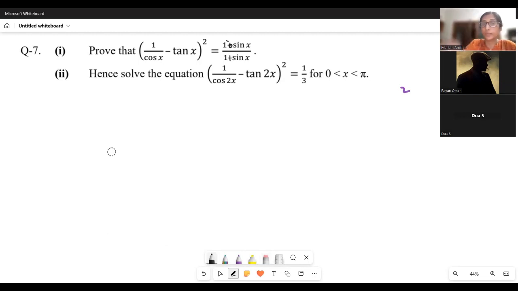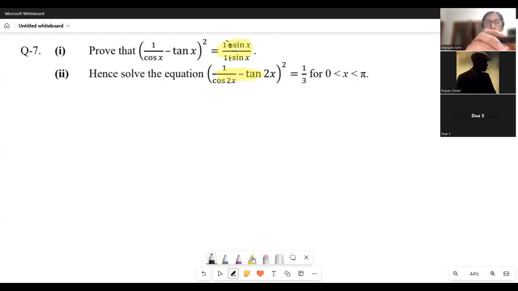Hence, solve the equation. Hence means we have to use the previous result, which is this below. So instead of this, we're going to use this.